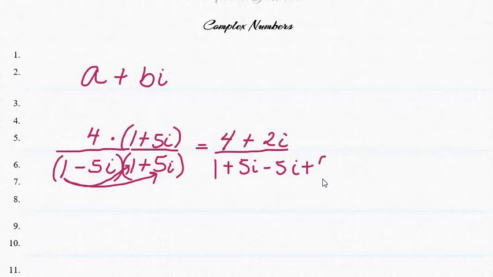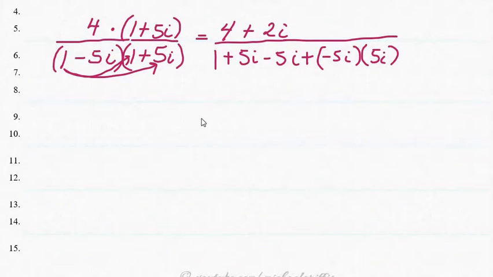So actually what I'm going to do here is I'm just going to put that in parentheses times positive 5i. So this is going to be equal to, we'll rewrite the numerator over, okay, those will cancel out. Positive 5i minus 5i cancels out.